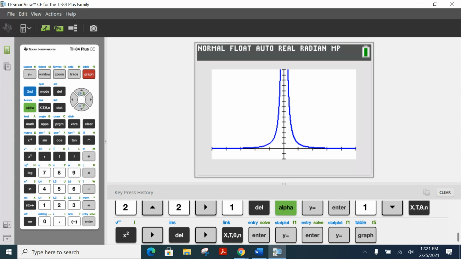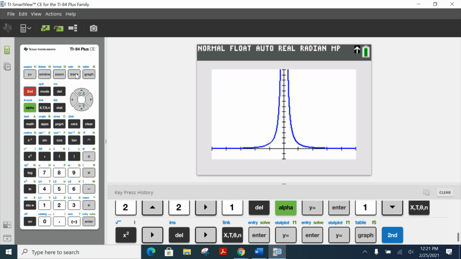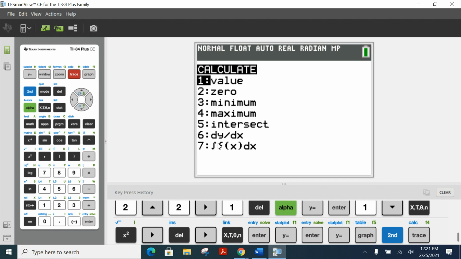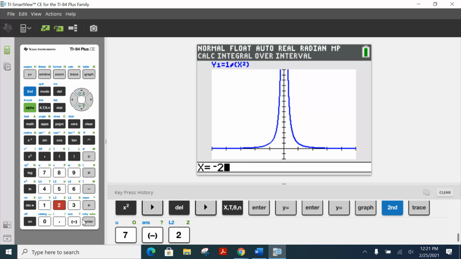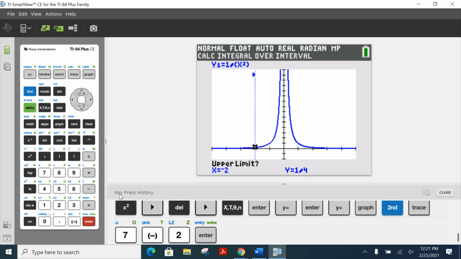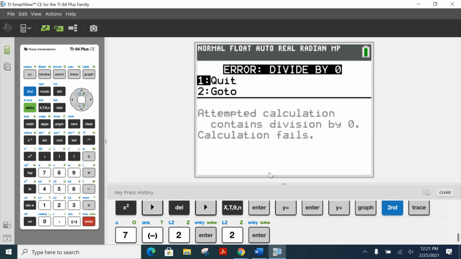So if we're trying to find the area underneath this curve, same thing if I try to do this the other way that I showed you. If I try to integrate from negative 2 to a positive 2, it's not going to allow us to do that because it can't find the area around 0 because it's not enclosed. So then the question is, what does that mean?